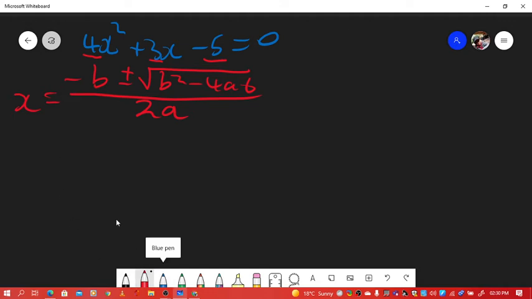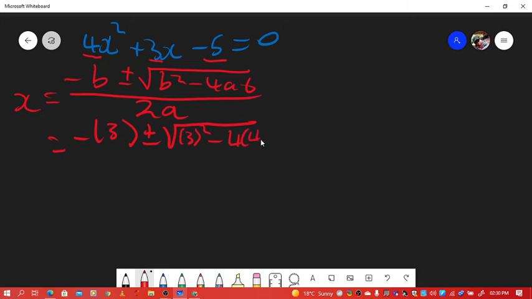We have negative, the value of b is positive 3, and plus or minus the square root of b squared, which is 3 squared, minus 4 times a, which is 4, and then c is minus 5, divided by 2a, where a is 4.